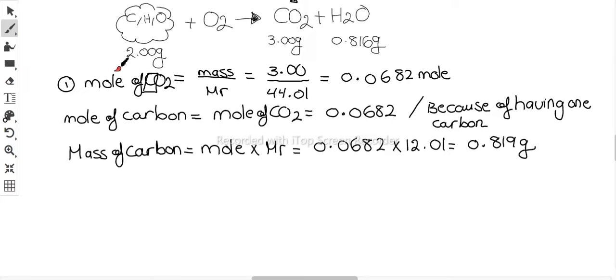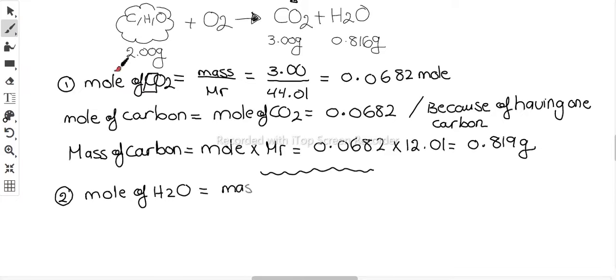Now I'm going to continue, but this time I'm going to start working with the water vapor, which is presented inside the vitamin C. It's exactly the same steps. So the first step is to find the mole of water. Another time, I'm going to take my mass and divide it over the molar mass of the water molecule.